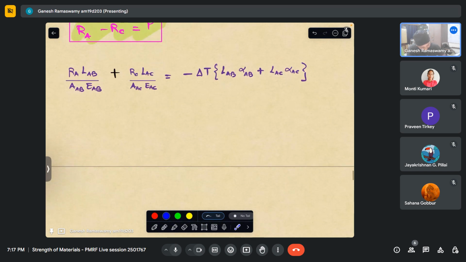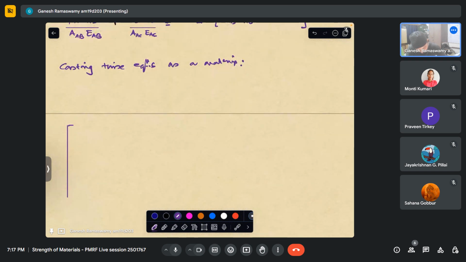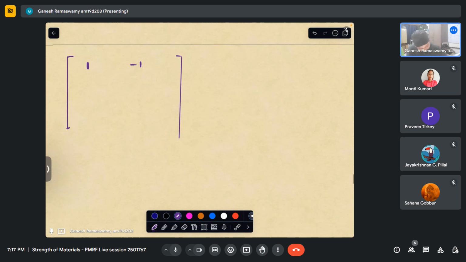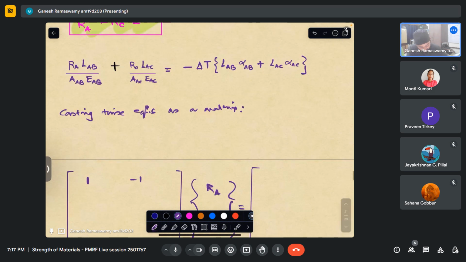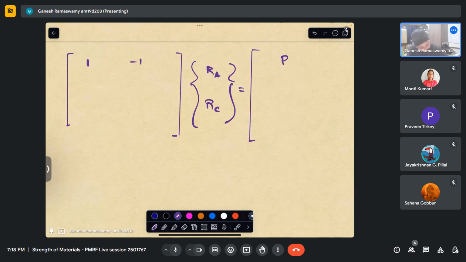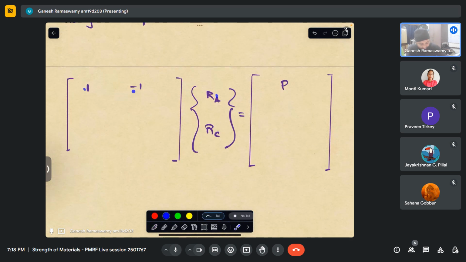So casting these two equations as a matrix equation, what we will see is this is 1, this is minus 1, R_A, R_C gives me P. So the first equation is, if I multiply this out, 1 into R_A minus R_C is equal to P. I have accommodated the first equation.